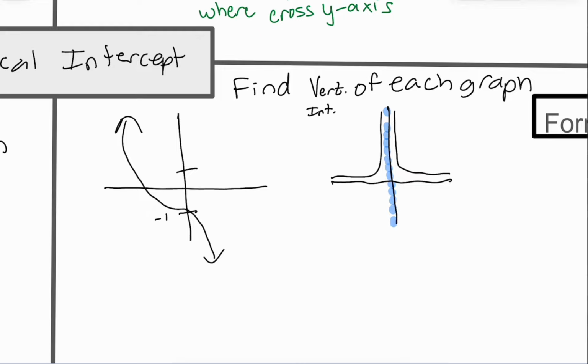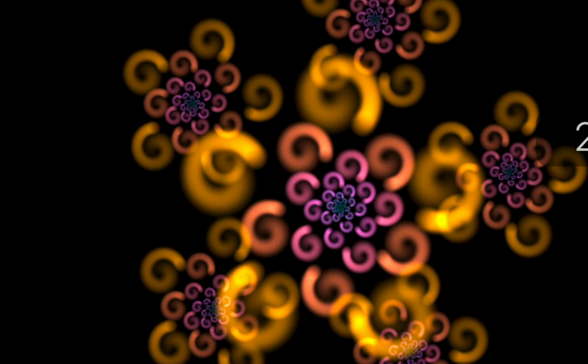You just have to find what height it hits the y-axis. Let's assume that one hits at negative 1. So you can either write b as negative 1 or it is the point (0, negative 1). This is an example where the b does not exist.